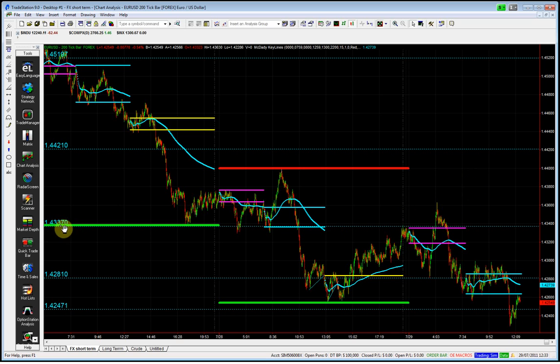Here's the 143.37. We hit it once, twice, three times, and then we break with momentum. It's like a floor. It's weakening each time you hit it, and then we give way with some momentum, and then we push straight down to the 142.81.